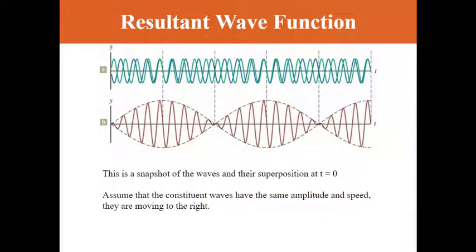So here on graph A, there are two waves, a blue one and a green one. At this particular point in time, the waves overlap at some points and they don't at others.